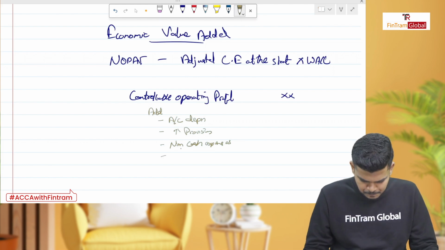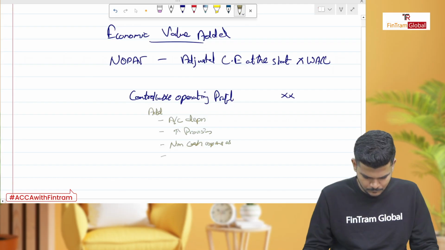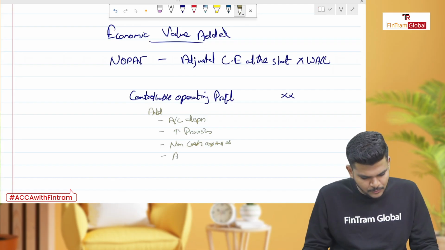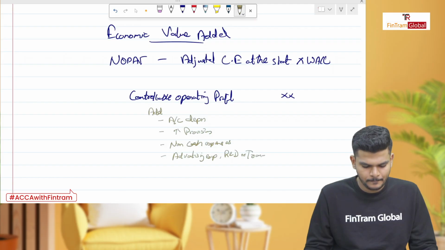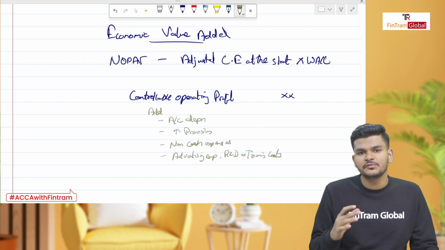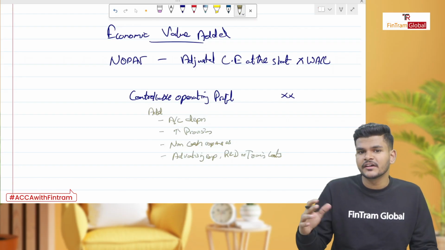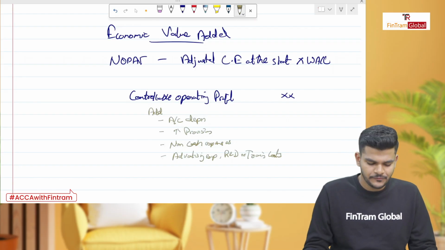And what else? Advertising expenses, and then R&D or training costs, right? All of these things will be added back to my controllable operating profit.